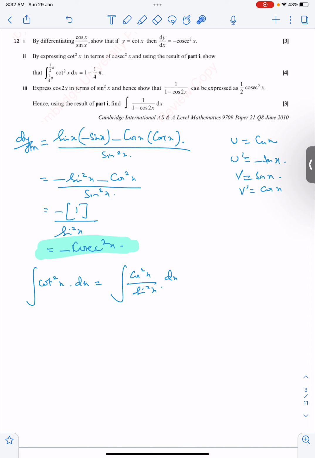Okay, we know that the differential of cot x is minus cosec square x. That means when you're going to integrate, the differentiation of cot x is minus cosec square x.